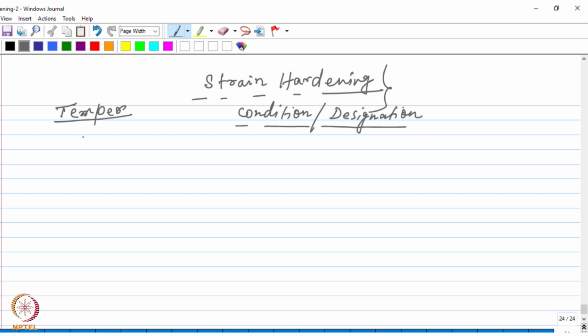These two we have already seen before, F and O. F indicates as fabricated, and O means annealed, or recrystallized.